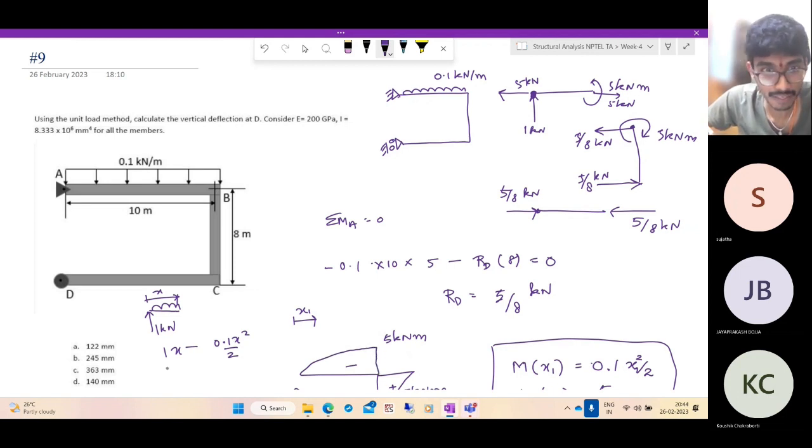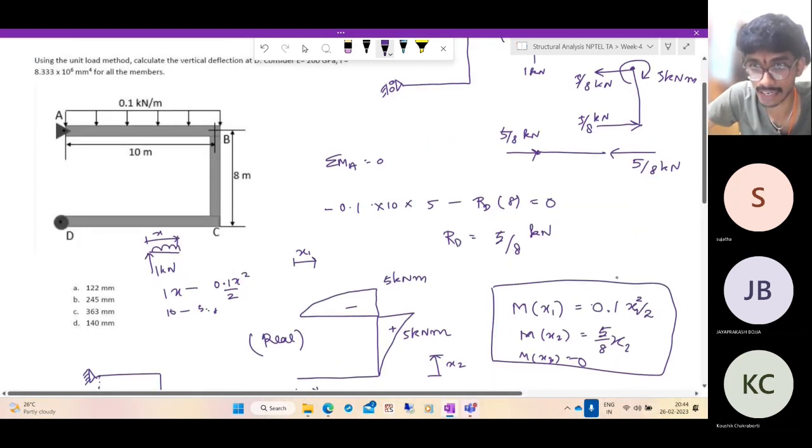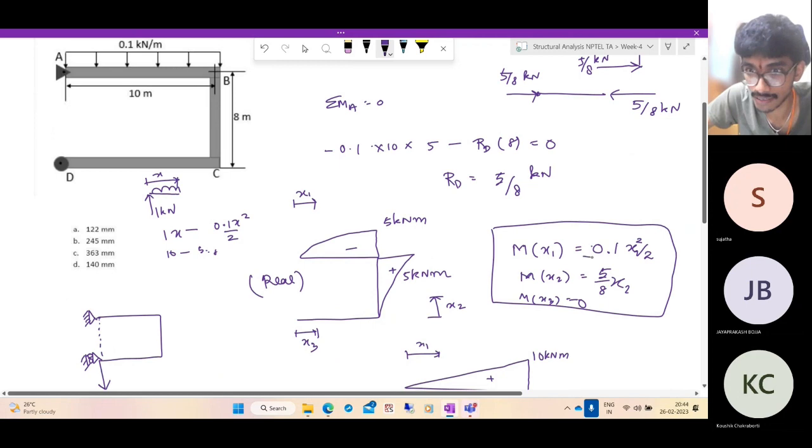Now if you get, you will see it is 10 minus 0.1 into 10 square by 2. So 0.1 into 100 by 2, 10 by 2 is 5. It is 5. So this is incorrect. So this is a minus and there is a plus x1.